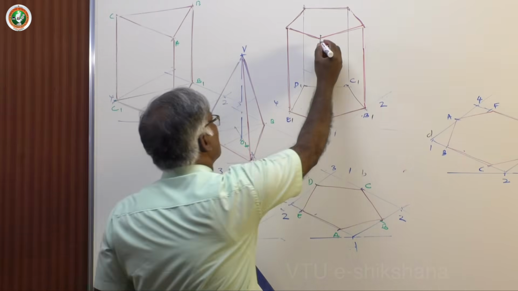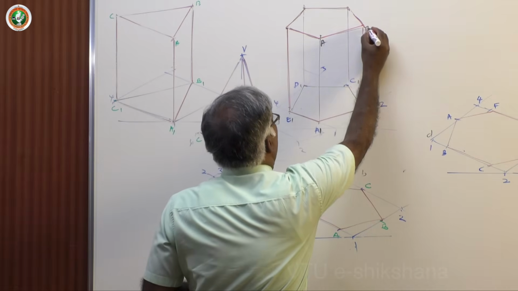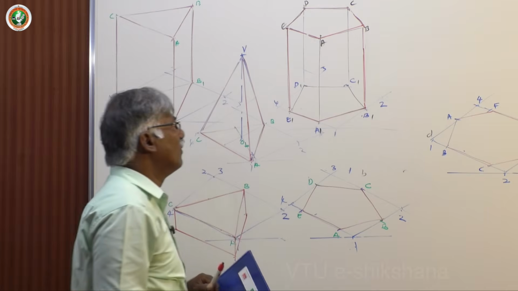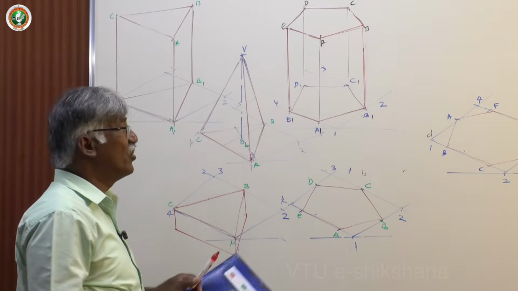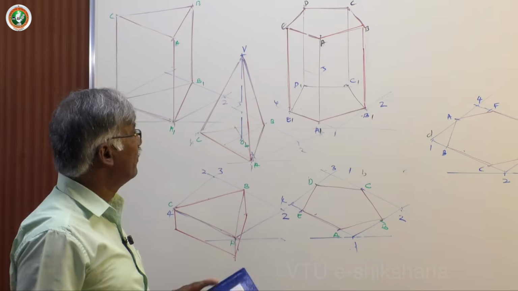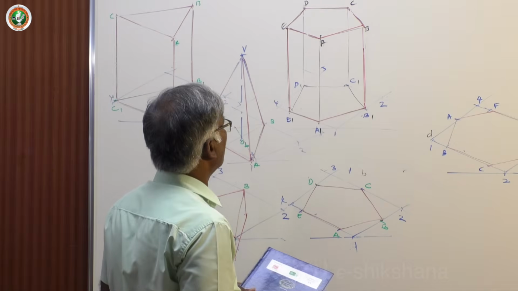You can also do this, A, B, C, D, E. Wherever necessary, as various situations demand, you mark the naming, otherwise not necessary. Okay. If it is a combination and all, you can just carry it out.